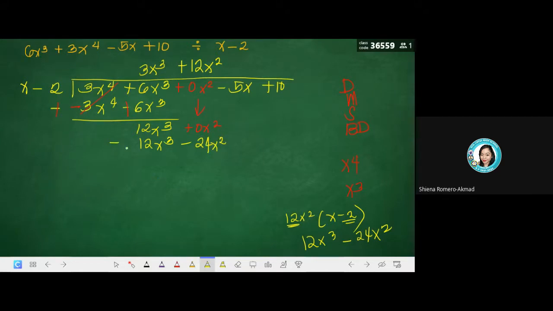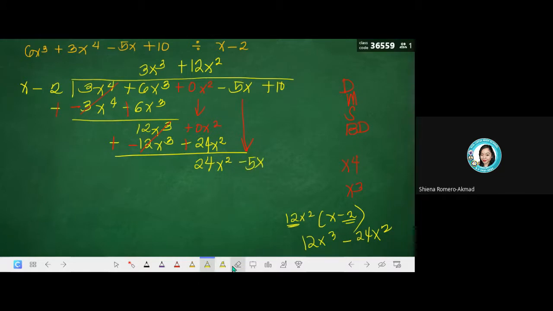Next, subtract, change the sign. Add. So, magiging 0 to. Ito, pag in-add mo si 0 and 24, syempre 24. Plus 24x squared. And then, we will bring down negative 5x.